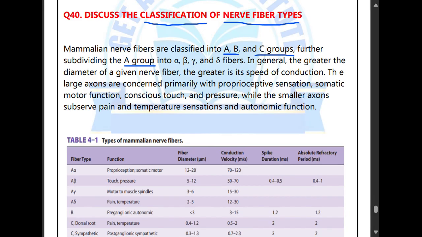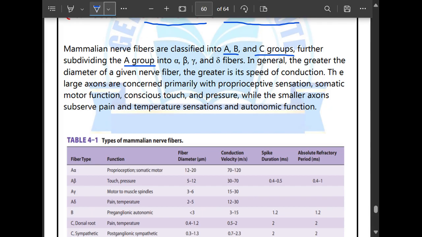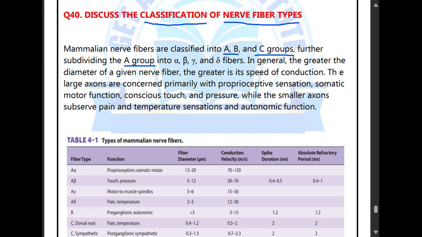Okay, and you must understand one thing, that the large axons are usually concerned primarily with what we call proprioceptive sensation. Are we together? Are people following? Yes. So they are concerned with proprioceptive sensation, somatic motor function, conscious touch, and pressure.